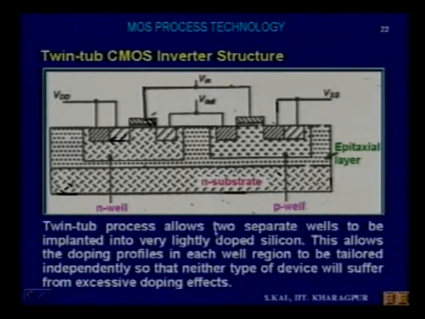Twin tub process allows two separate wells to be implanted into very lightly doped silicon, that is this silicon is lightly doped, the N substrate, maybe this is the P silicon. This allows the doping profiles in each well region to be tailored independently so that neither type of device will suffer from excessive doping effects.